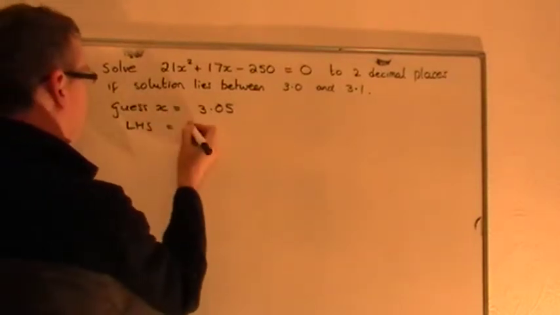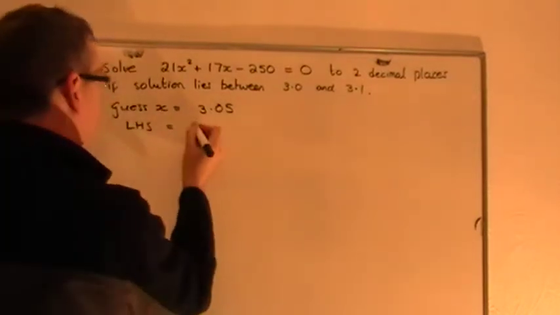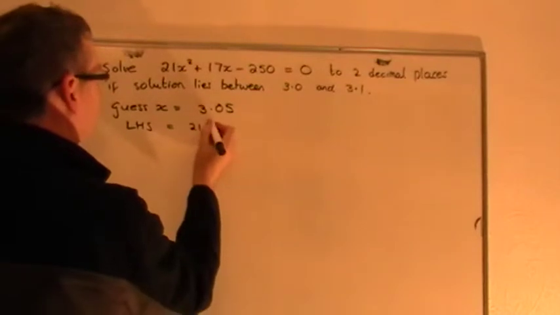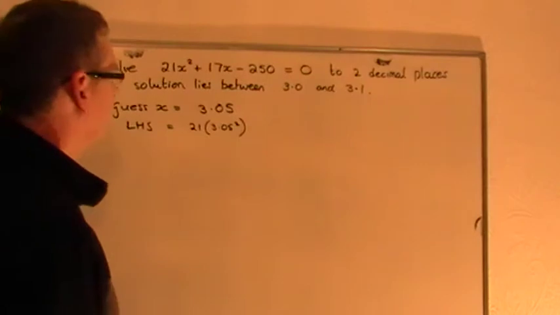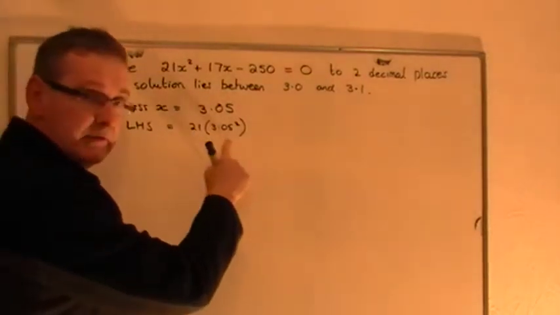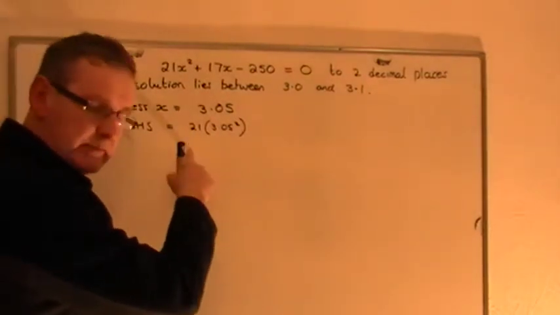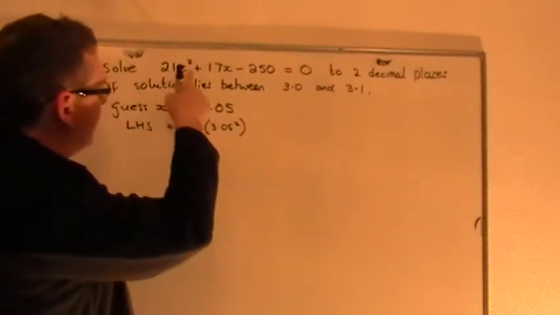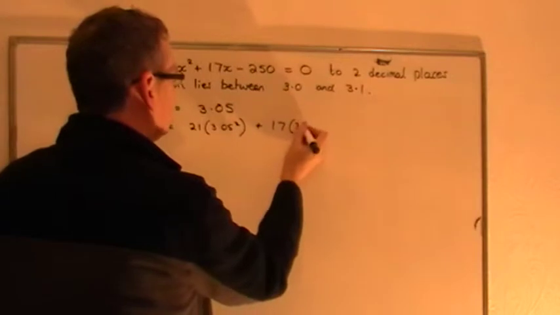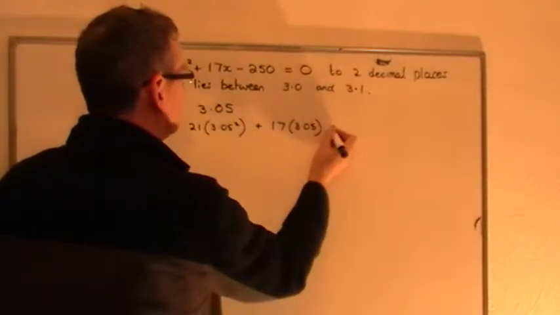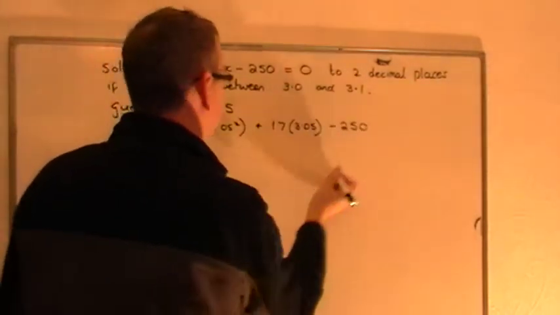Now you're going to be careful with this, you're going to get 21 lots of 3.05 squared. So you need to square the 3.05 and then afterwards times it by 21. That's what that means. Plus 17 lots of 3.05, take away 250.